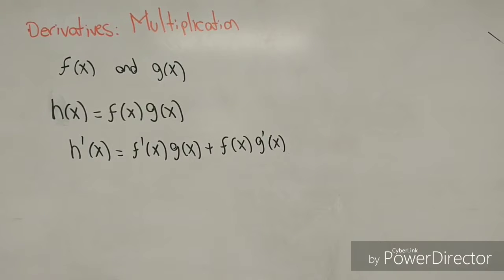Well, as I was telling you guys, we're going to have two functions this time, and we're going to make a new function, which is the multiplication of these two functions.